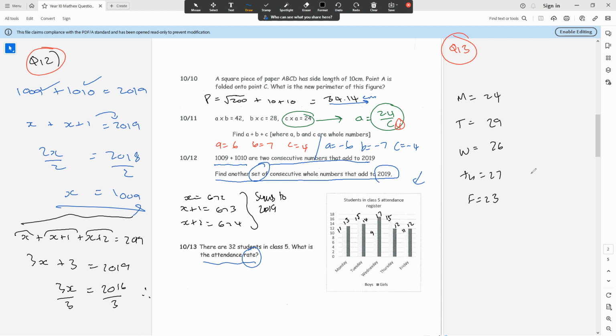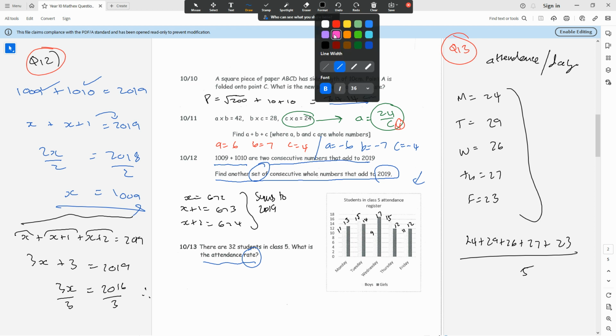What is the attendance rate, it says? Well, that's the attendance for each day. So maybe a rate would be attendance per day. And how would we get that? We find the average, right? 24 plus 29 plus 26 plus 27 plus 23 divided by 5.